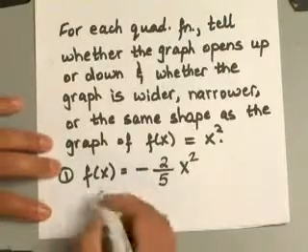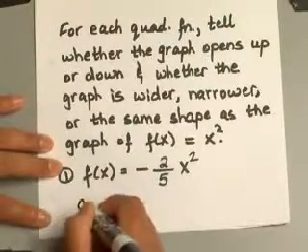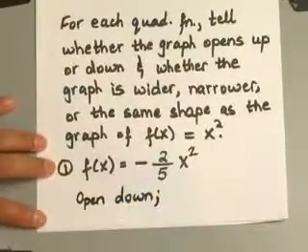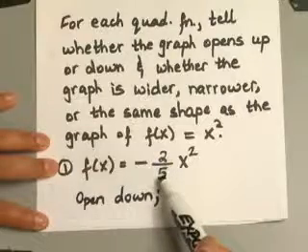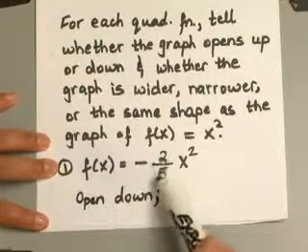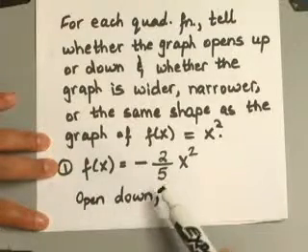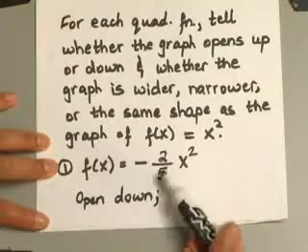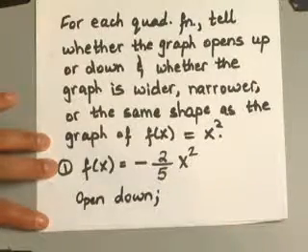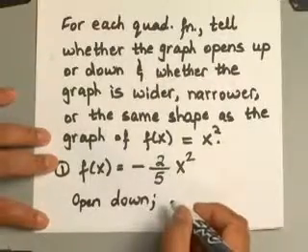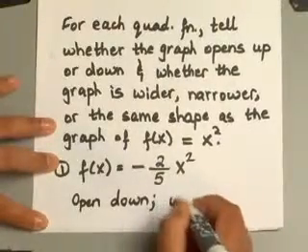It's negative, which means that your graph is going to open down. Okay, and 2/5, if you try and evaluate the value of 2/5, you will notice that this value is less than 1. It's going to be 0.4 if you convert this into decimals, and of course we know 0.4 is less than 1, so that tells us that this graph is going to be wider.